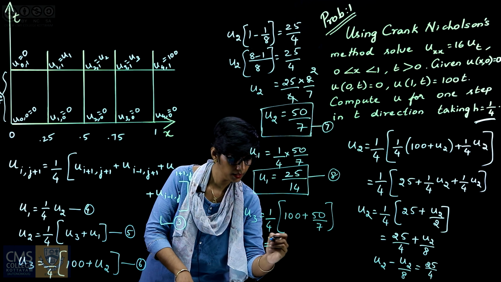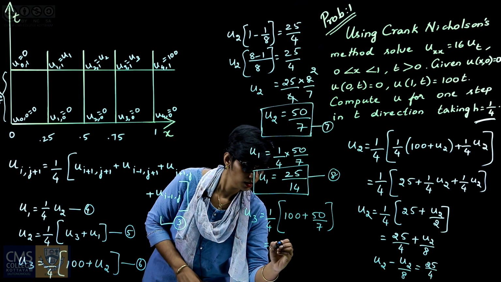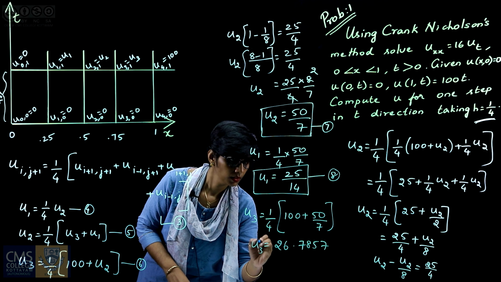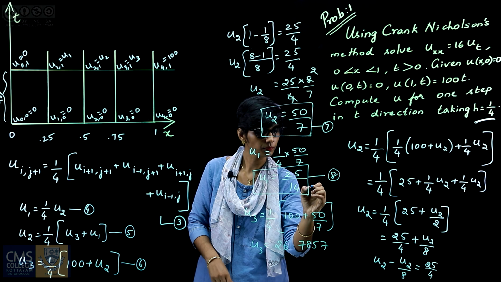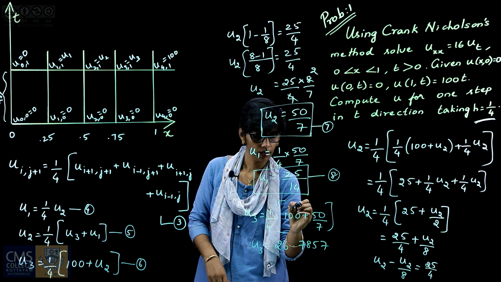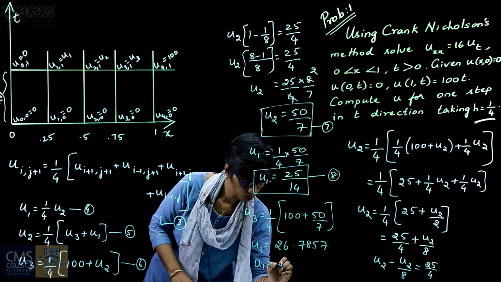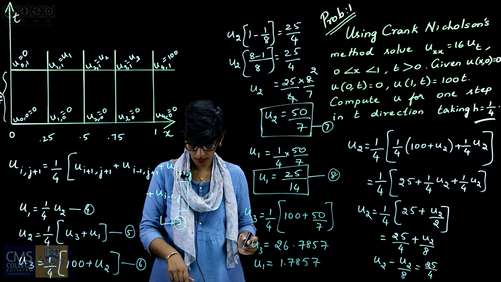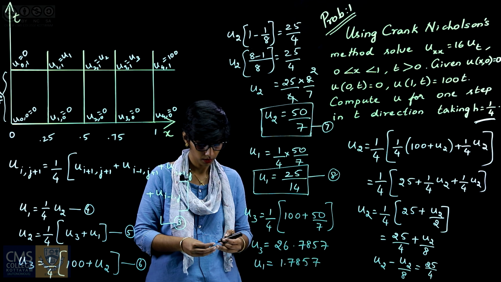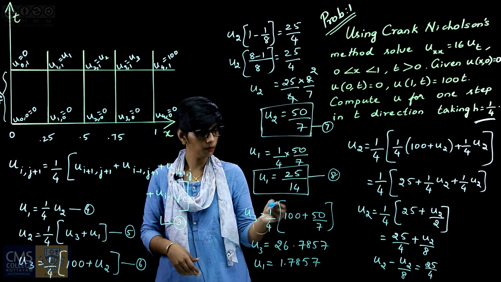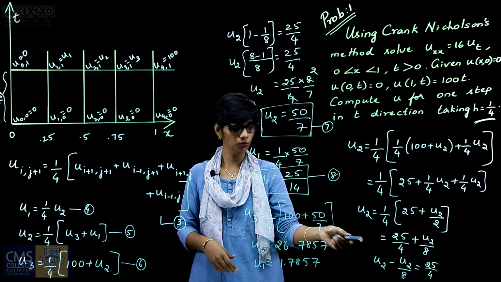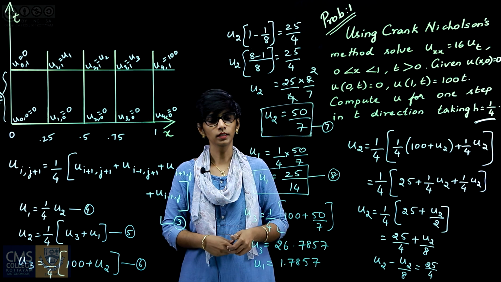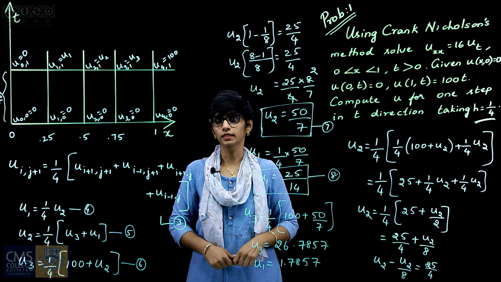So, the value of u3 is 26.7857. Here the value of u1, solving, we get 1.7857, and in such a way we can find the values of u1, u2 and u3. So, this is how we can solve the heat flow equation using Crank-Nicholson method.